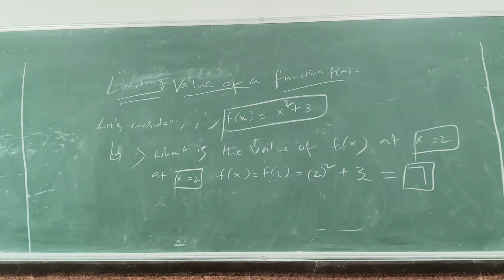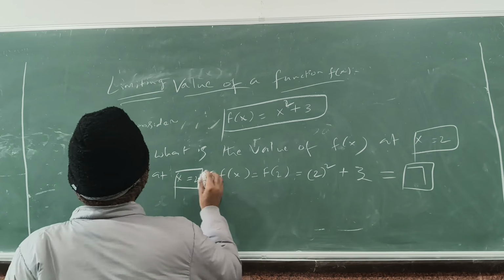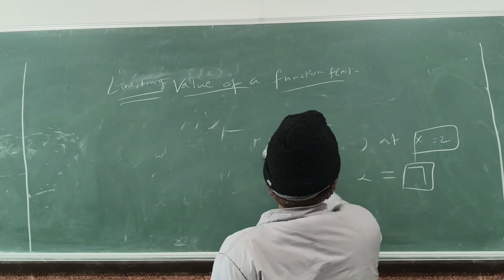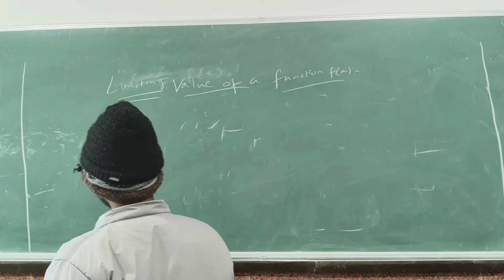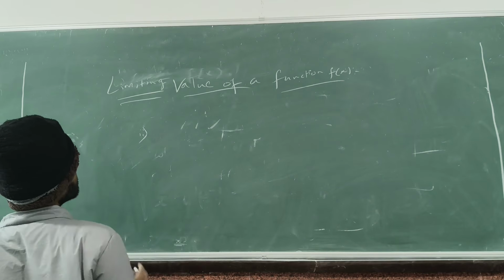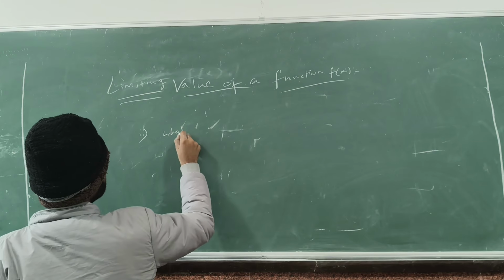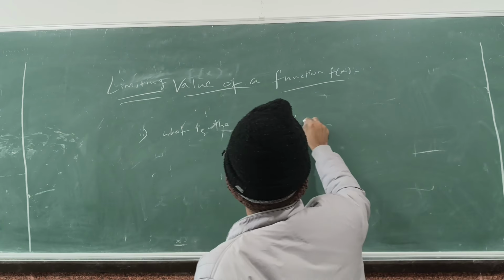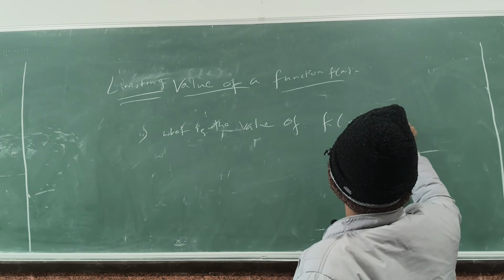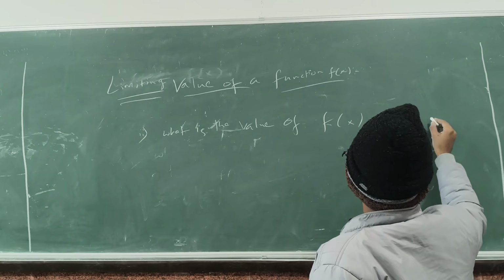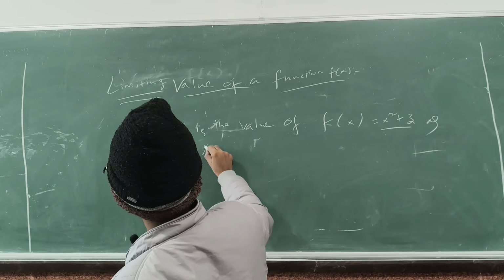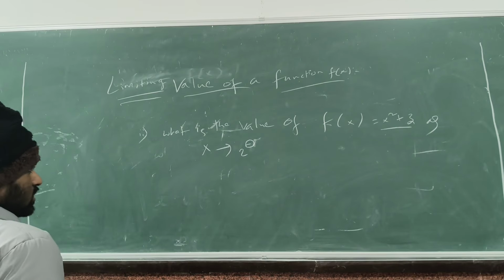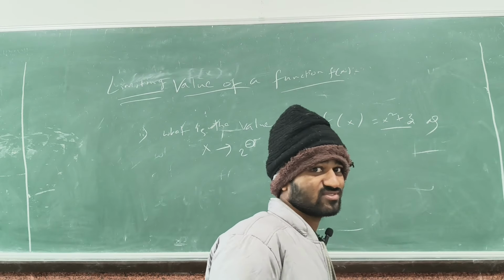Okay, all right. So our second question is, what is the value of f of x as x tending to 2 minus, not exactly 2 but 2 minus, x is approaching 2 from the left side of the number line.